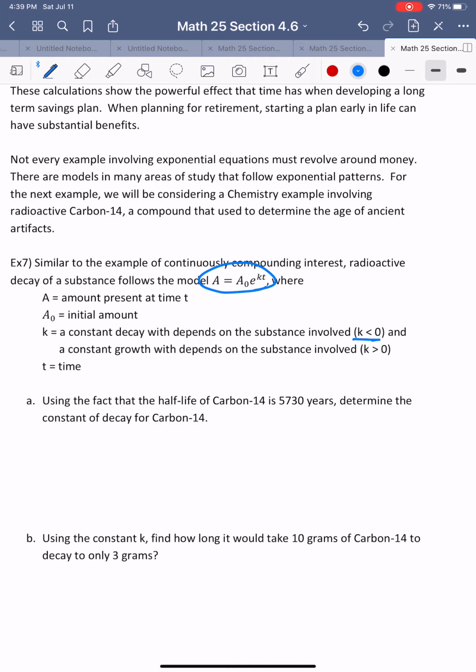Okay, there's actually a formula for the half-life. So we are looking for the decay constant, which is k. So k is ln 2 over t, so ln 2 divided by 5,730.